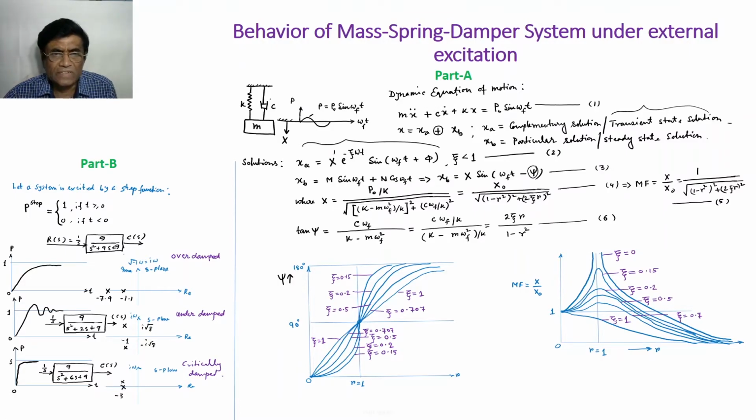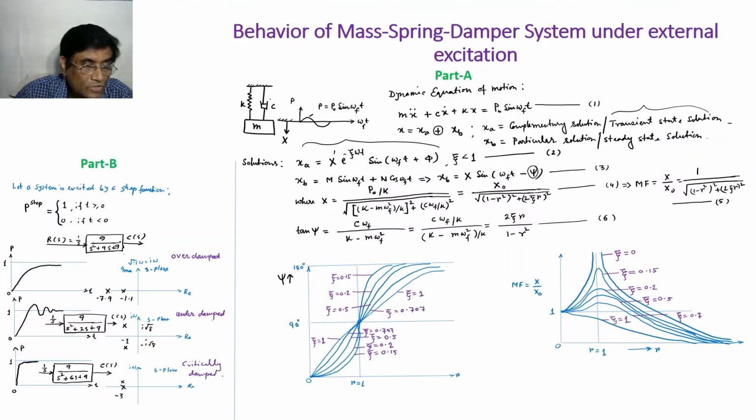Now, having understood the second order system with sufficient detail, we are able to appreciate its utilization in control. Suppose a mass spring damper system is excited by a step function.